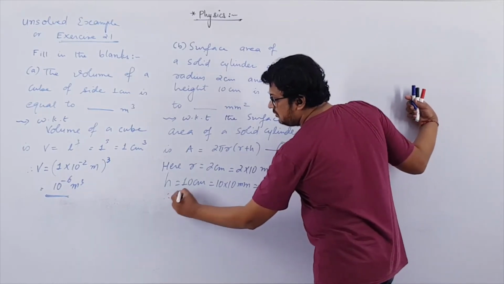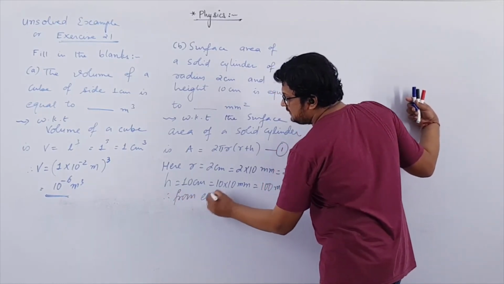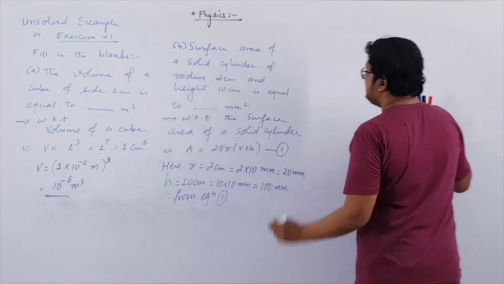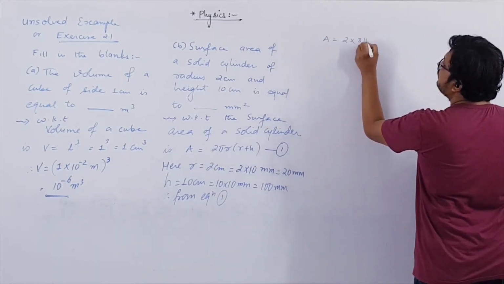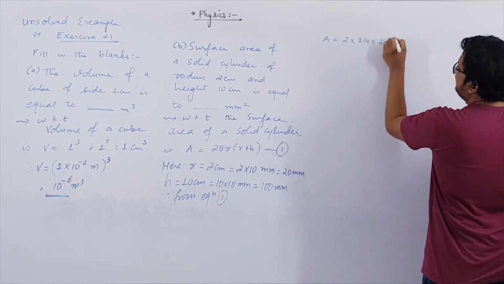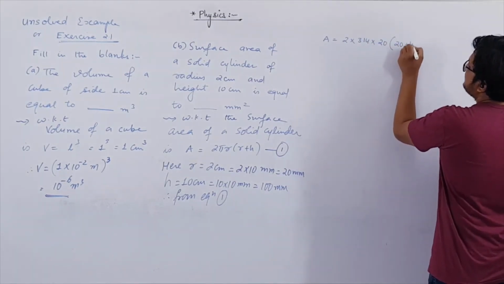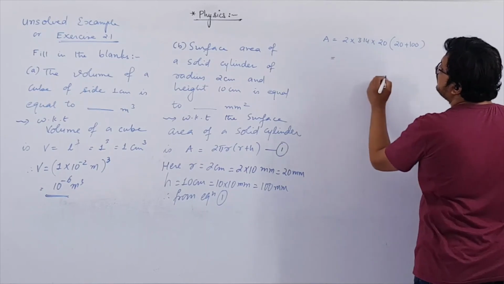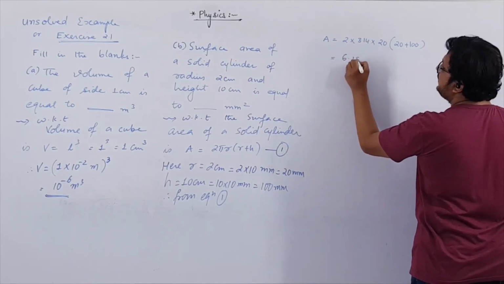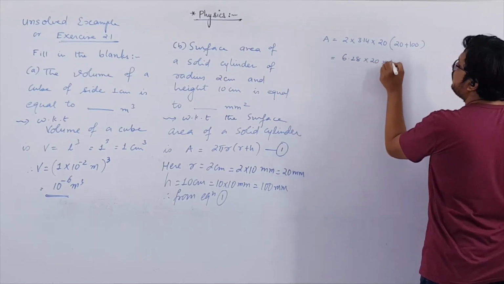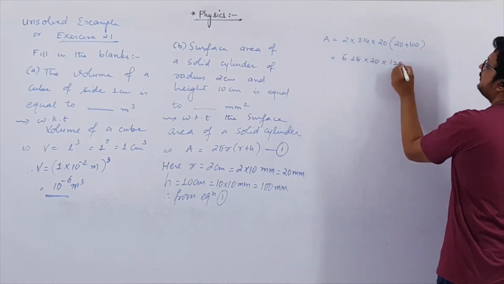So therefore, from equation 1, you can say that area A will be equal to 2 into pi is 3.14 into radius is 20 into 20 plus 100. So 2 into 3.14 will be 6.28 into 20 into 120. 100 plus 20 will be 120.